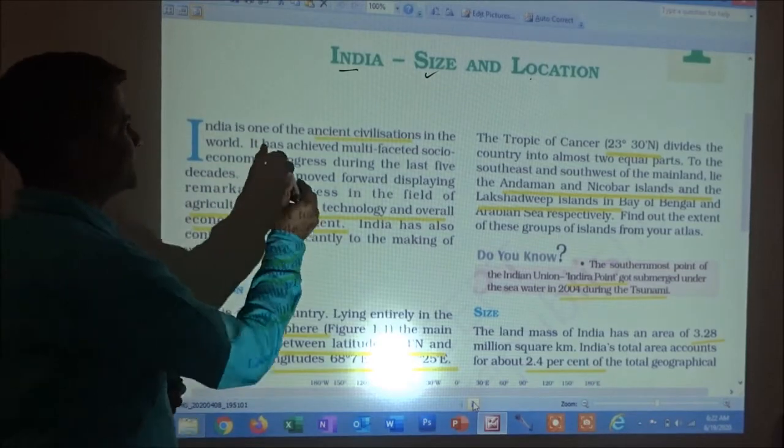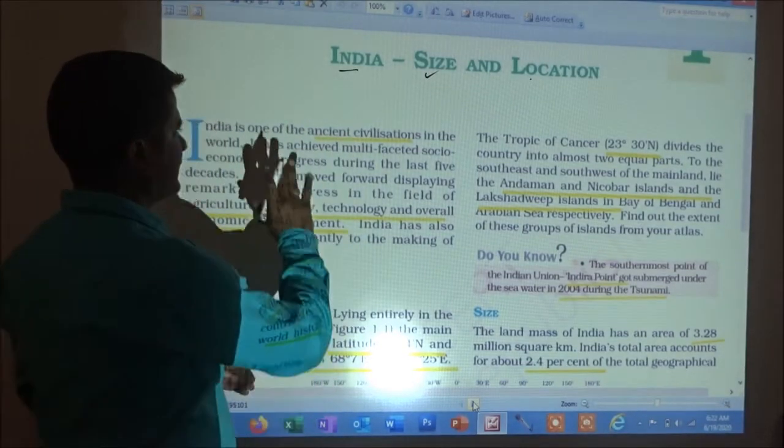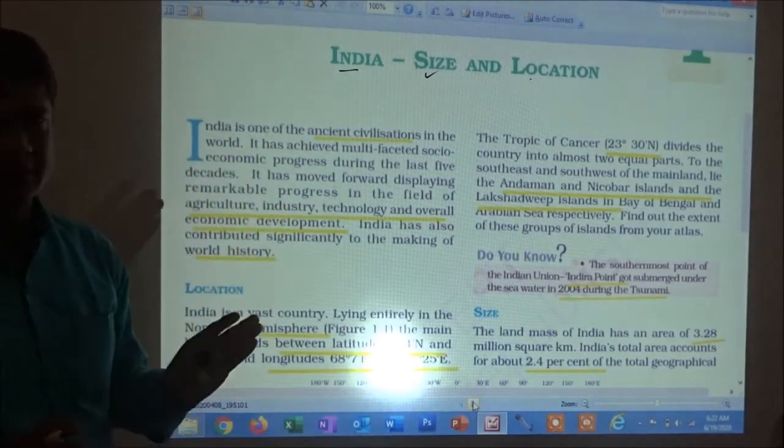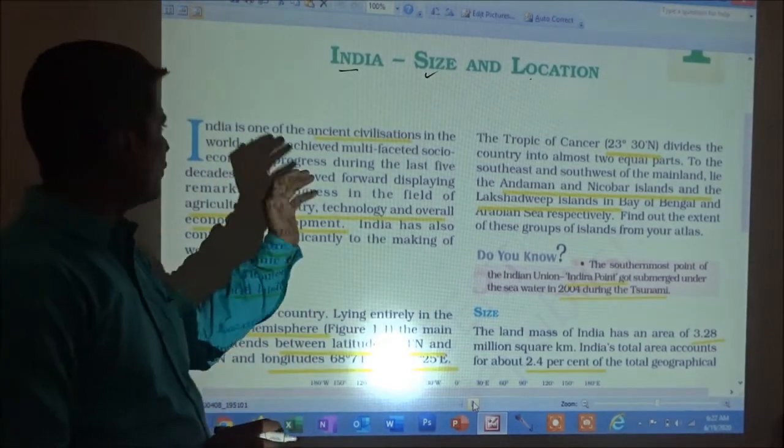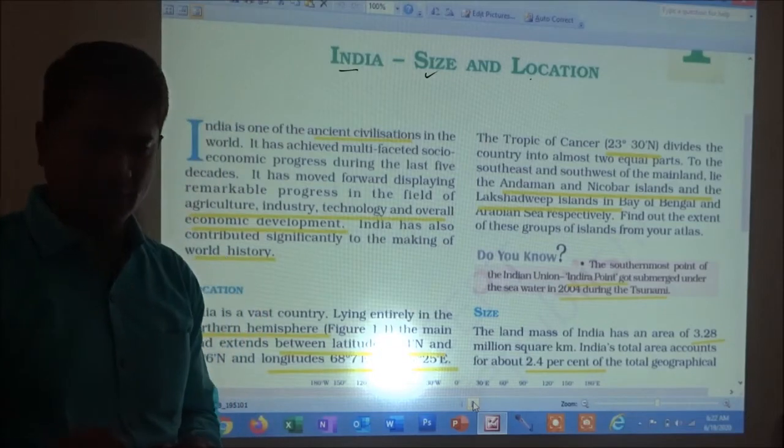Here you can see that in the introduction it is given that India, as we also know very well, is one of the very oldest civilizations in the world.